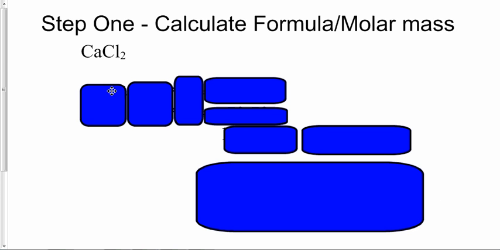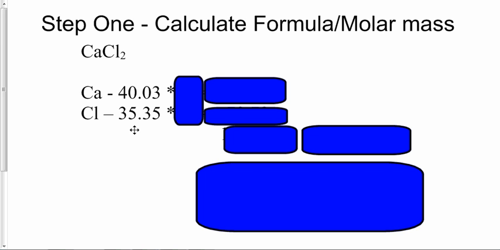First thing I do is I look up the elements on the periodic table, calcium and chlorine, and figure out their masses, their average atomic mass, and I get these. I multiply them by the subscript, or the number of each particular atom in that compound.